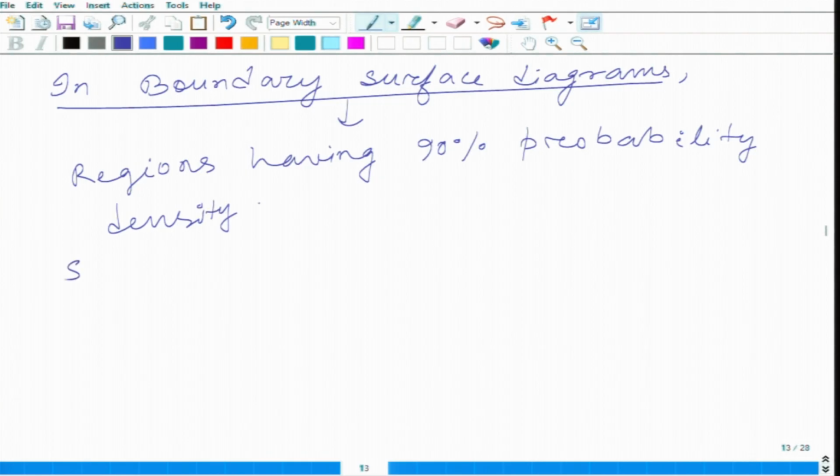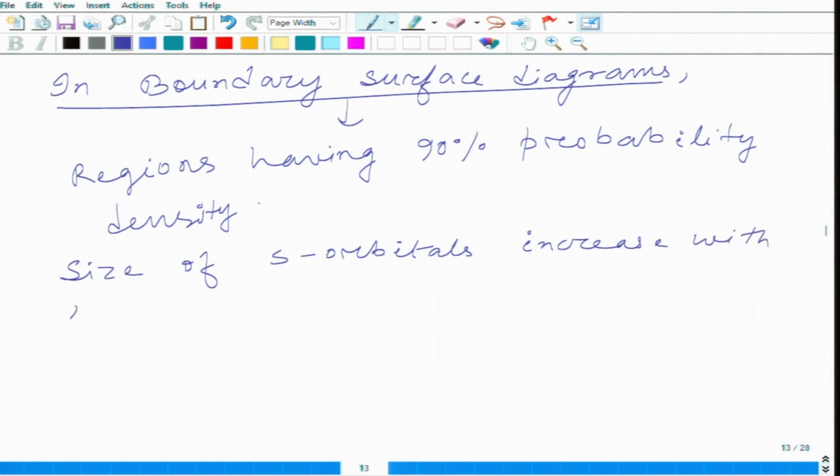And what will be the size of the orbitals? The size of s orbitals increases with increase in n.